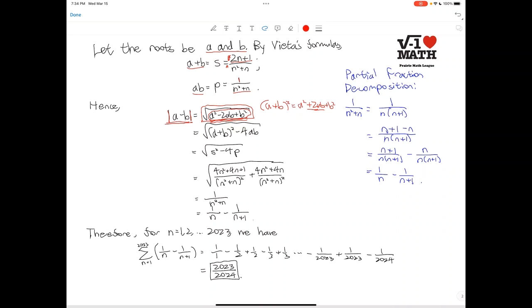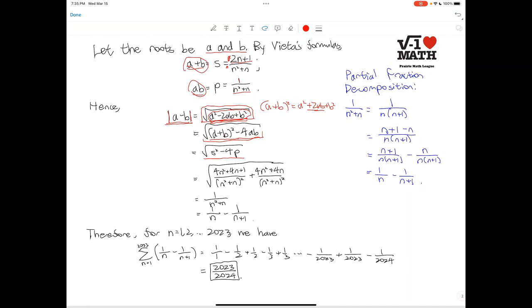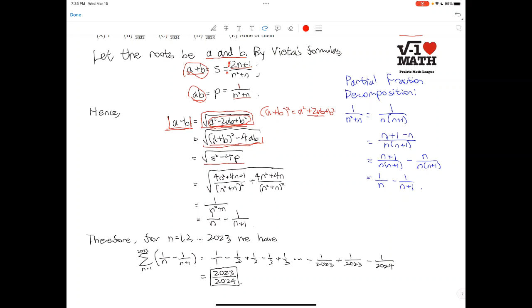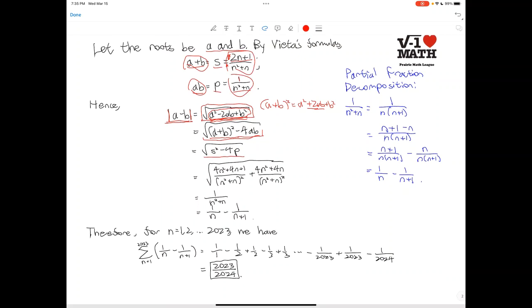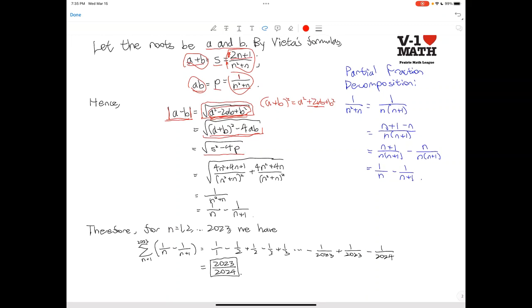So we offset the difference by subtracting 4ab from a plus b squared. Now notice, we have this and this in this expression. So we can substitute s squared minus 4p. And we actually don't even need to substitute s and p, we can just substitute this and this.